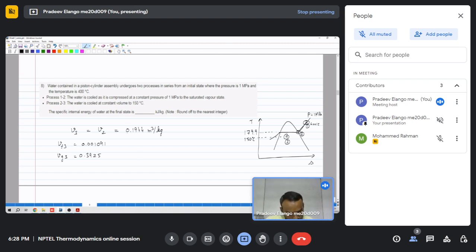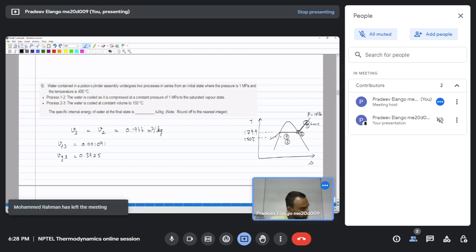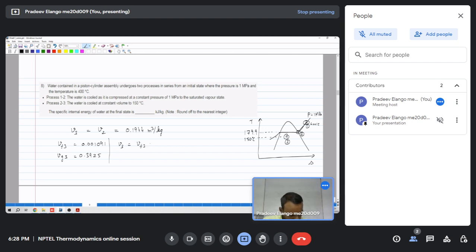Yeah, I think we are on the right track. So now we have V3 is equal to Vf3 plus dryness fraction at third state into Vg3 minus Vf3.